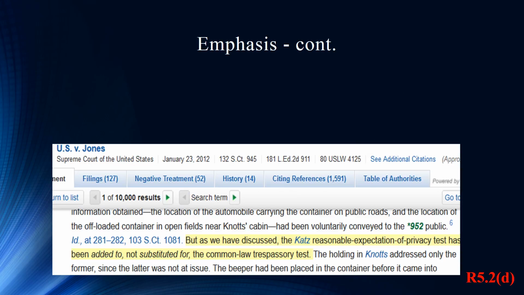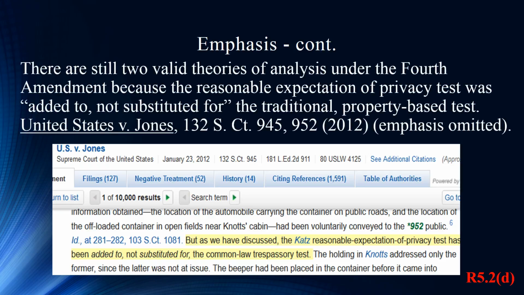Let's look at another example from United States versus Jones. You also have to indicate to your reader when you omit emphasis that the court used in its opinion. Here, the highlighted language for Jones shows that the court emphasized the language 'added to, not substituted for.' Take a look at how this would be cited with the emphasis omitted.